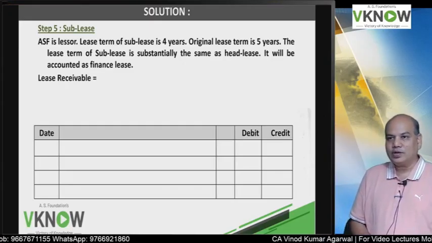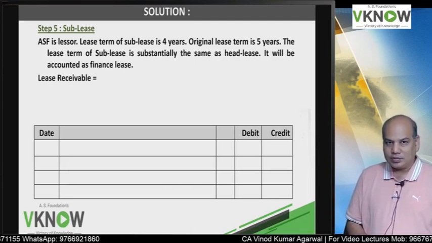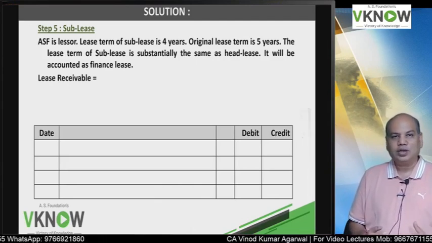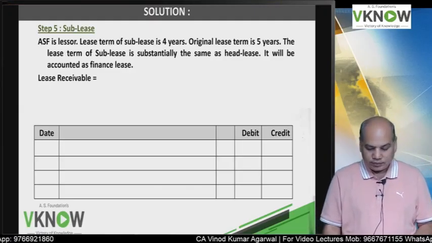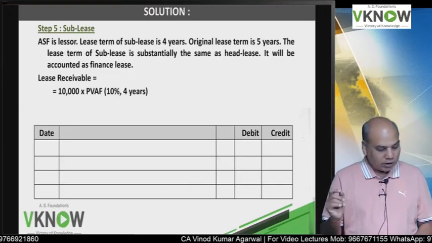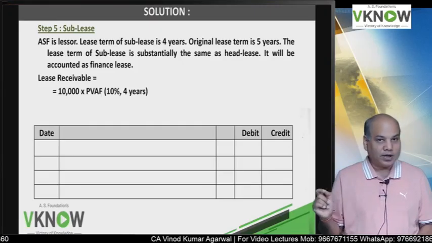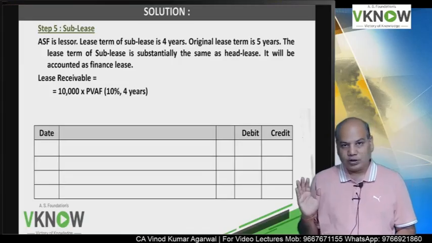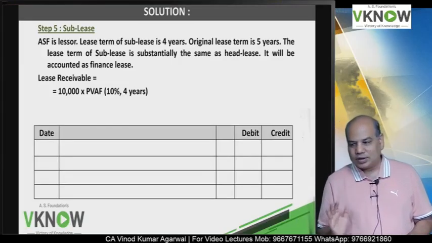So once I say it is a finance lease, then I will have to recognize lease receivable. Lease receivable in this problem is very simple. You are going to receive, in case 1, 10,000 rupees per annum for 4 years, and the incremental borrowing rate is 10%.